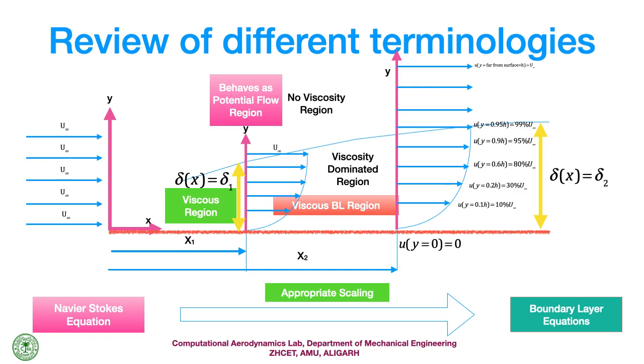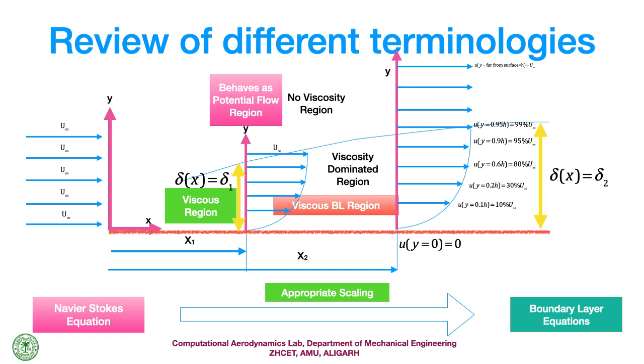Now, the procedure to obtain these equations is that we take the Navier-Stokes equation, which is valid for the entire flow. Then we non-dimensionalize it by choosing the appropriate scales. The choice of scale is the key in the whole exercise.